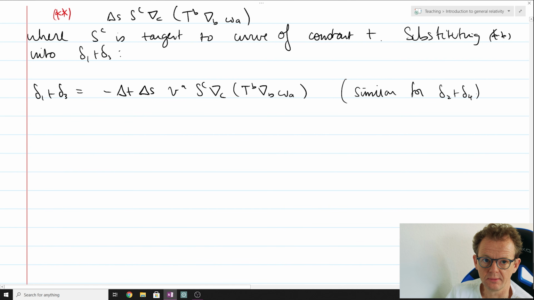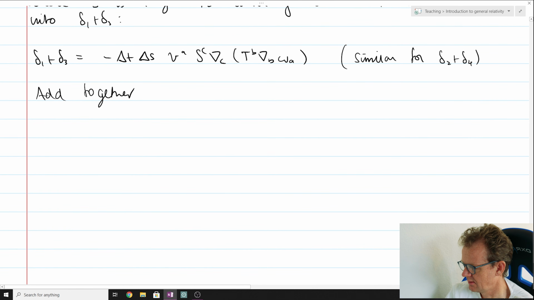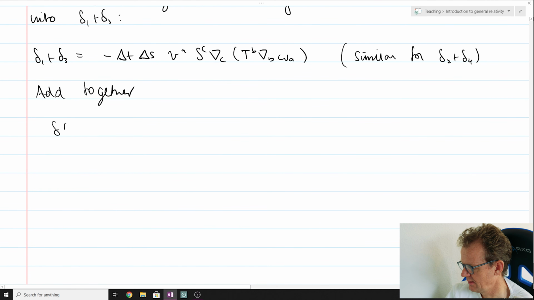Now, let's put them all together. We need to understand what the total change is as we go around the whole loop of our quantity V^A ω_A.